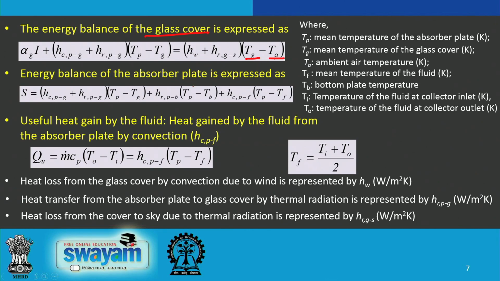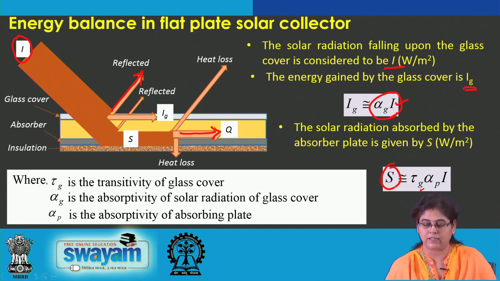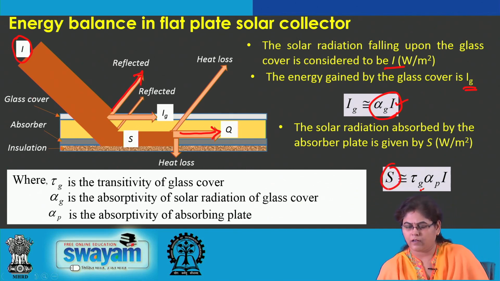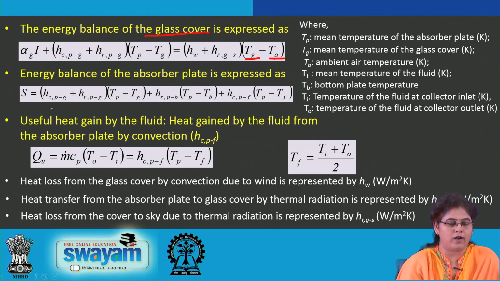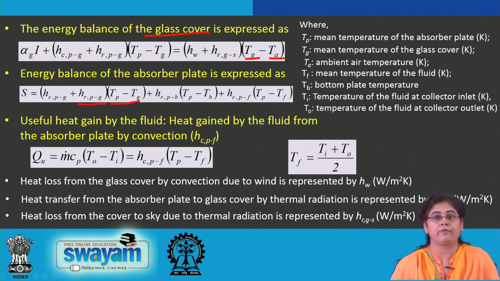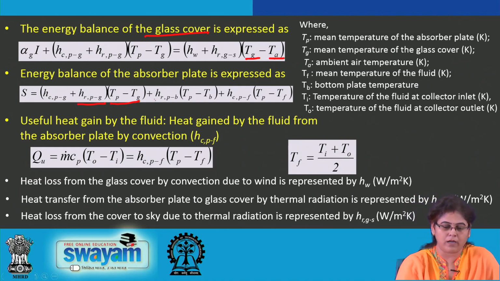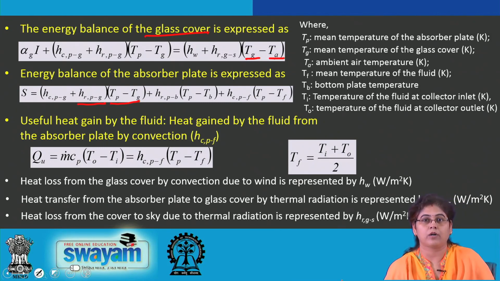Similarly, coming to the energy balance for the absorber plate, the energy absorbed by the absorber plate, which I have already shown, is designated as S. This is the radiation absorbed by the absorber plate. So, S is equal to HCPG, the convective heat transfer coefficient from the plate to the glass cover, plus the radiative heat transfer from the plate to the glass cover into the temperature difference between the plate and the glass cover, plus the heat transfer coefficient between the plate and the bottom plate.